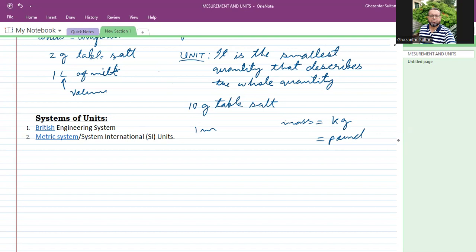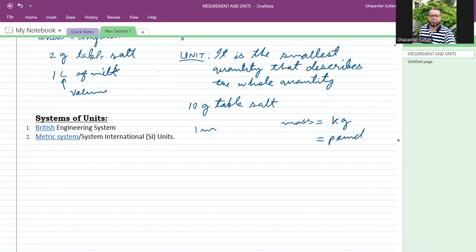So if you go to the bakery and the shopkeeper is asking about pounds, then you will be confused. You have to convert the unit. So that's why we need to study the conversion of units as well.